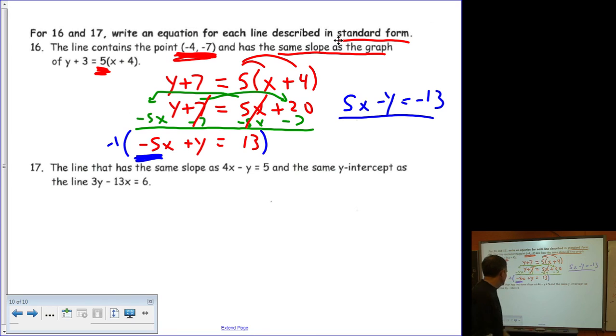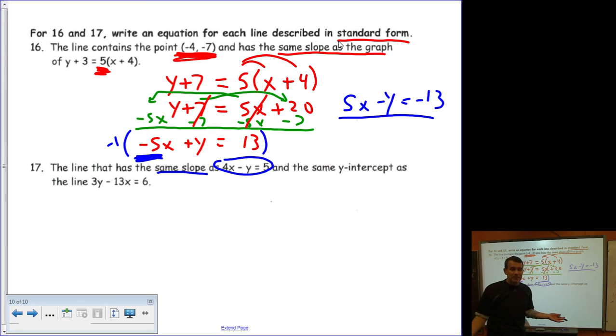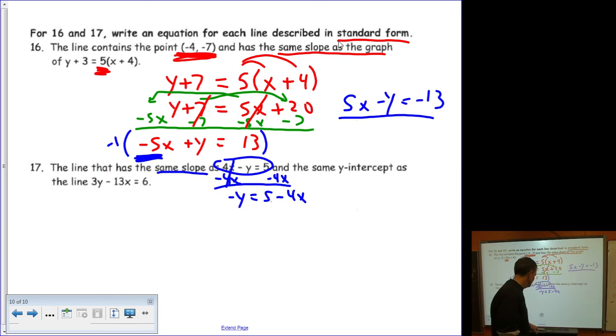All right, last up, I want a line that has the same slope as that and the same y-intercept as that. Well, that's a tricky one. All right, so I want the same slope as this line. So I'm going to go ahead and put that line in slope-intercept form so that I know its slope. I'm going to subtract 4x from both sides, giving me negative y equals 5 minus 4x.